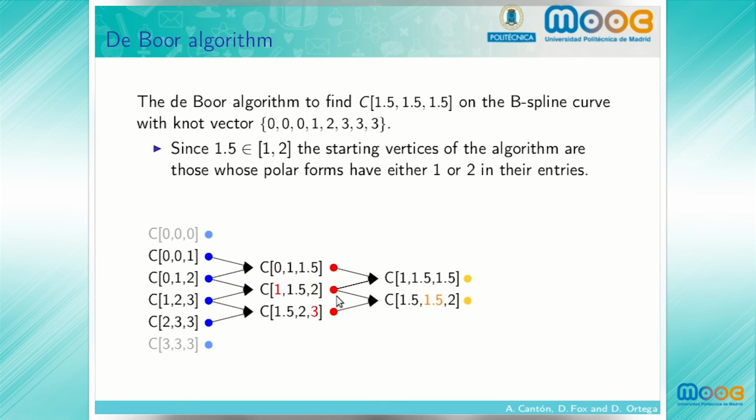This point lies on the line segment defined by these 2 points, in the same proportion as 1.5 lies between 1 and 3, closer to this point than to this point. And finally, in the last stage of the de Boor algorithm, we obtain the point of the curve, which is the polar form evaluated at 1.5 three times. This point lies on the line segment defined by these 2 points, in the same proportion as 1.5 lies between 1 and 2, in this case in the middle.